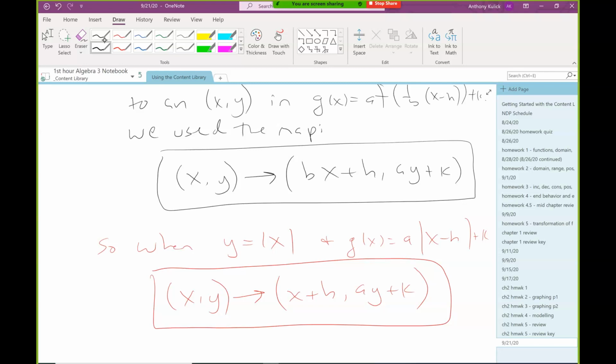Pretty much from this point forward, this is going to be the same way that we develop our procedure to graph any function that we talk about in this course. So we're always going to be going back to this idea of a transformation and this map from the original points to our transformed points for every function group that we talk about this year.